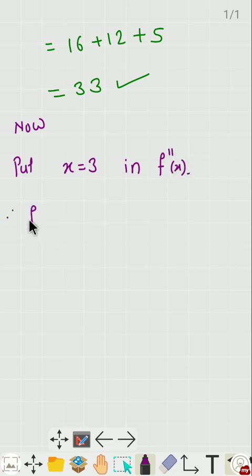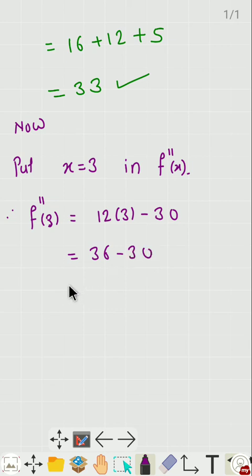Therefore f double dash at 3 is equal to 12 into 3 minus 30, which is 36 minus 30 is equal to 6, and it is greater than 0.